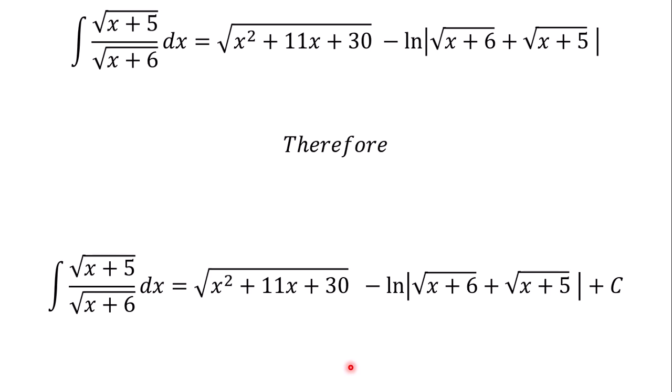So in our next video, we are going to differentiate this answer here, that is square root of x squared plus 11x plus 30 minus natural log absolute value of square root of x plus 6 plus square root of x plus 5, and then plus our c. So I'm just going to differentiate this whole problem here to find out if we can get this one back.